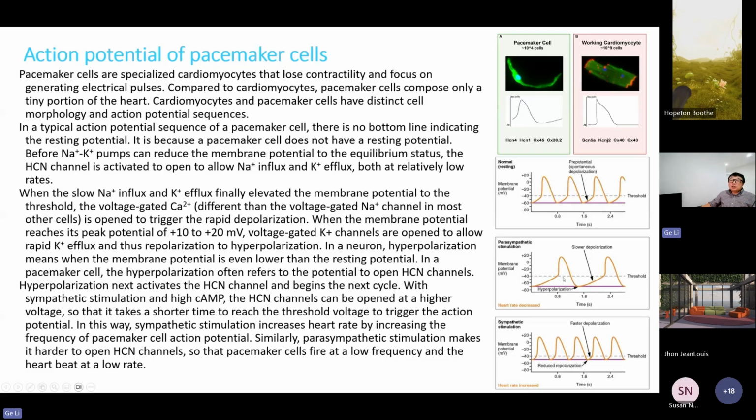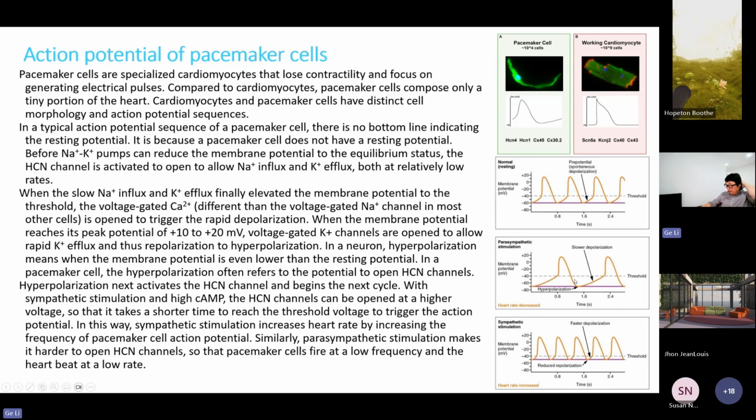On the opposite, if the HCN channel is only open a narrow space, the sodium ions can only pass slowly through the HCN channel, and it takes much longer for the pacemaker cells to reach the threshold.